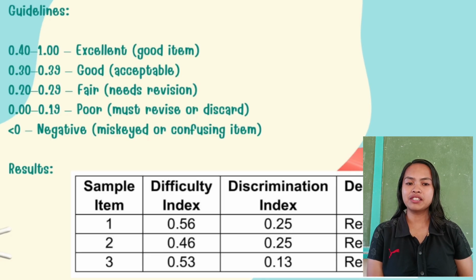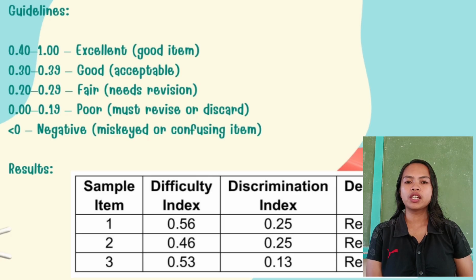And the result is retained, same as in number 2, while number 3 has a result of 0.53 difficulty index and a discrimination index of 0.13.